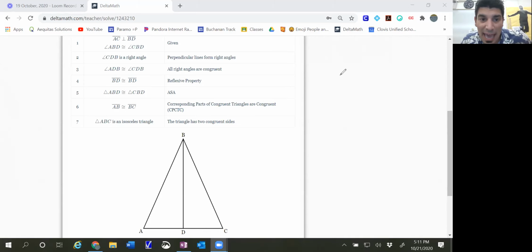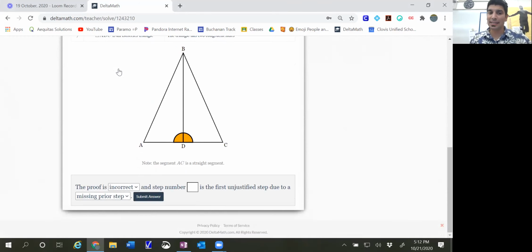And then can you say angle ADB is congruent? Can you say that these two angles are congruent to each other because all right angles are congruent? Well, you said this is a right angle, and that's this piece right there. Did you ever say that this is a right angle? So what you're going to have to do is look at this proof and say, is it correct or incorrect?